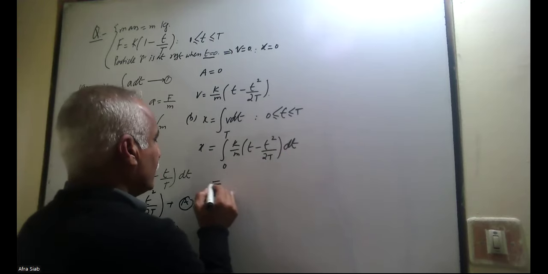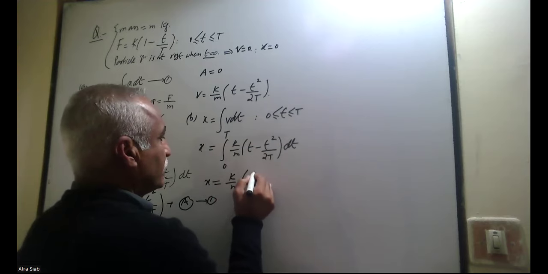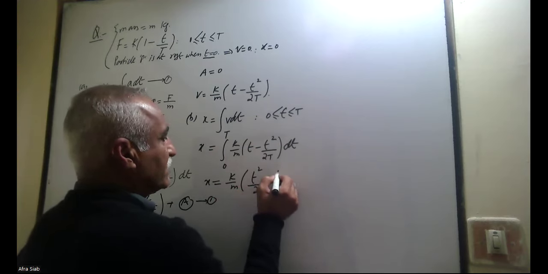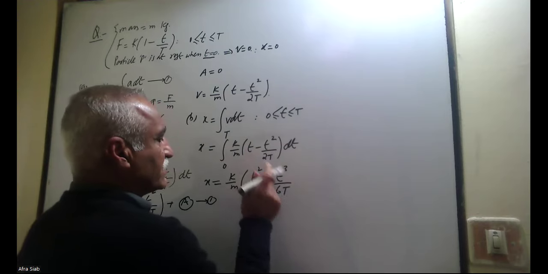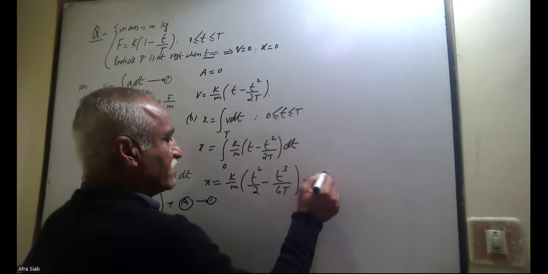So this will become x = k/m times the integral, t²/2 - t³/(2·3T) which is t³/6T, plus another constant of integration.